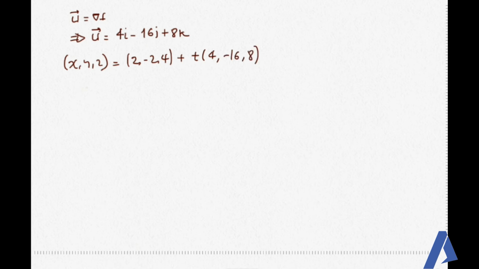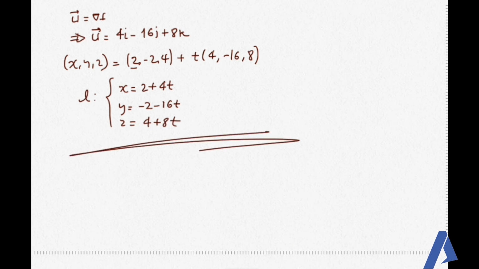Then parametric equationችንን ስንጽፈው our line represented by, let's say, L, then x will be equal to 2 plus 4t. Then y will be equal to minus 2 minus 16t, and our z will be equal to 4 plus 8t. This will be our equation of the line which is normal to the surface.